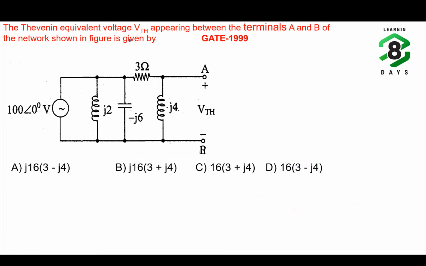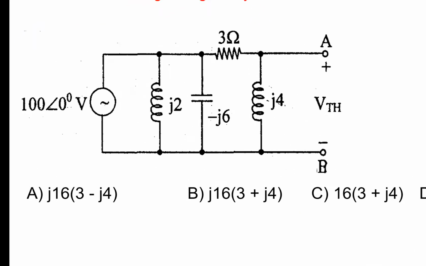In this question, he is asking you to compute the Thevenin's voltage across the terminals A and B. Here you can carefully observe, it's a very simple question. Let this be the reference node whose voltage is 0. Now, the voltage at this point is how much? 100 at an angle 0. Voltage at this point is also 100 at an angle 0.